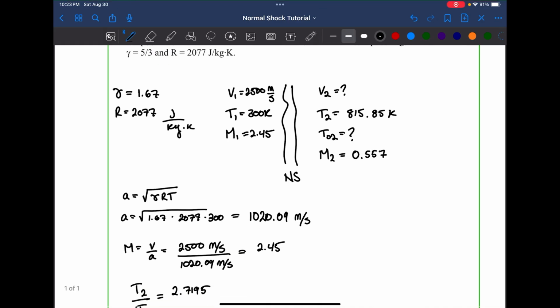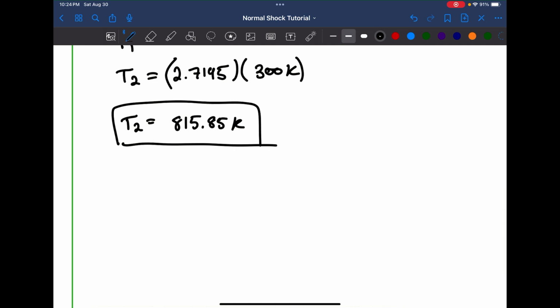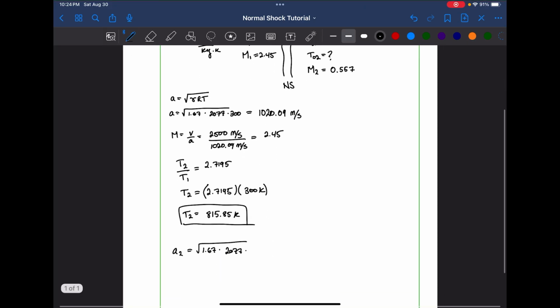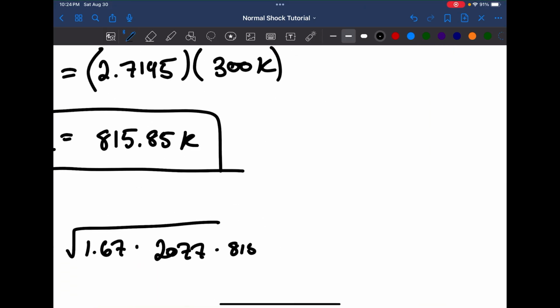Okay. So you can kind of see where I'm going with this a little bit now, or I hope you can, right? So we've got a static temperature on the right side of our shock now. We've got gamma and R. That means we can go ahead and get speed of sound again. So we have A2 equals, call it 1.67 times 2077 times 815.85.